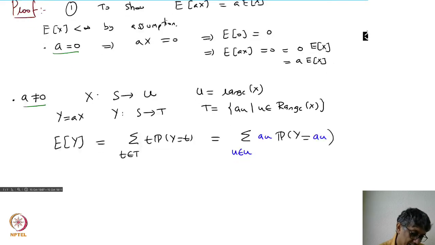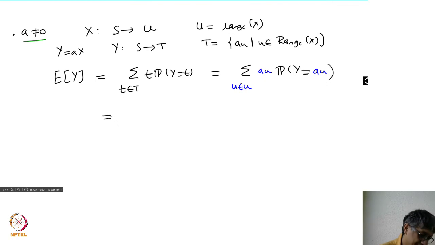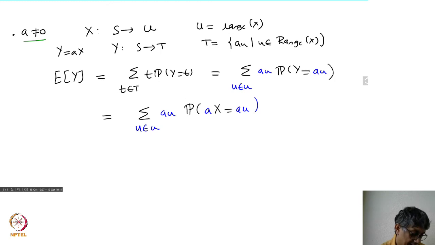And then you say, okay, that's the same as the sum over u in U of a times u, and this is just the chance that Y is aX, a times X is equal to a times u. And now everything is finite, so I can add, multiply, remove.